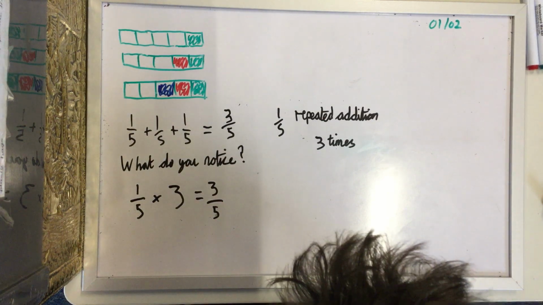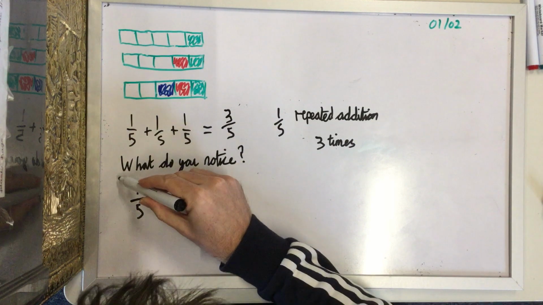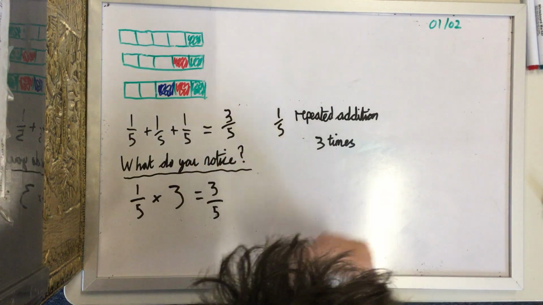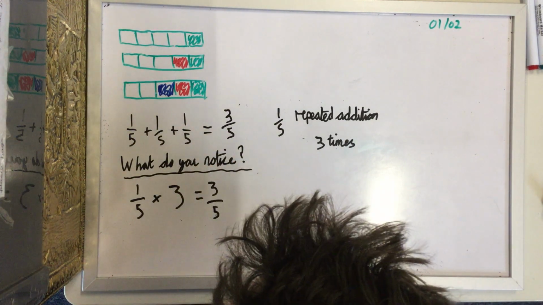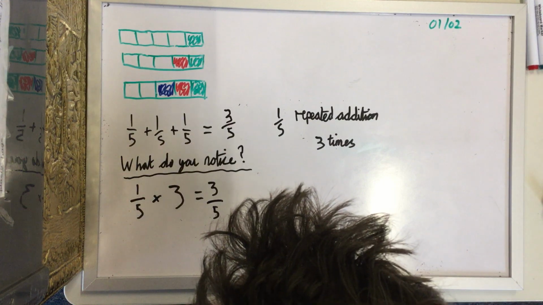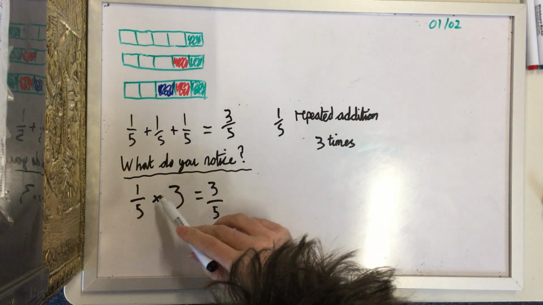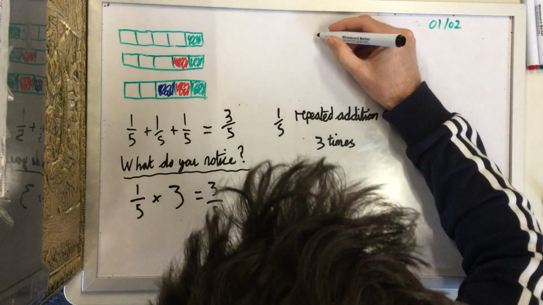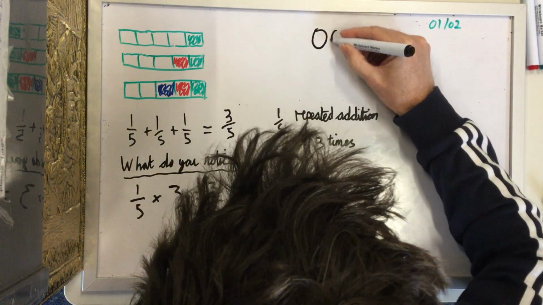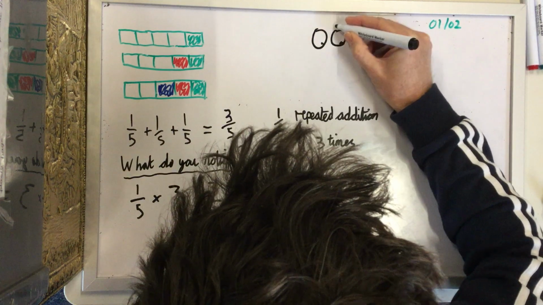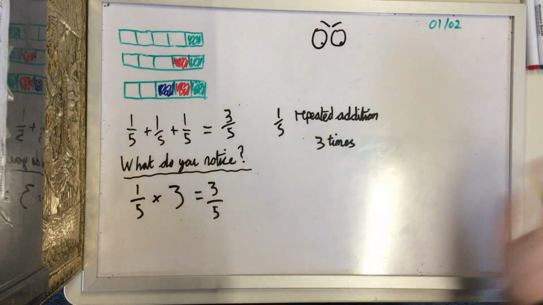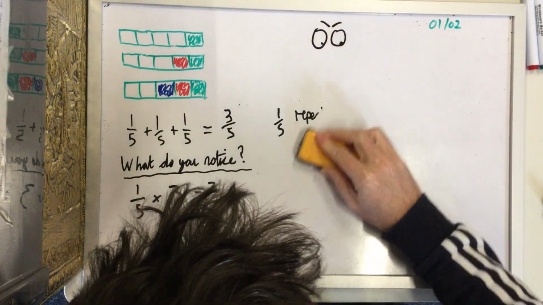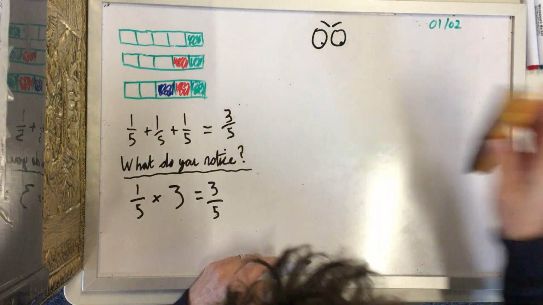Okay, so already what you might want to do is have a look at how it's worked across from 1/5 times 3 equals 3/5. I'm going to put a nice couple of eyes up here just to tell you to see what you can notice or find out.